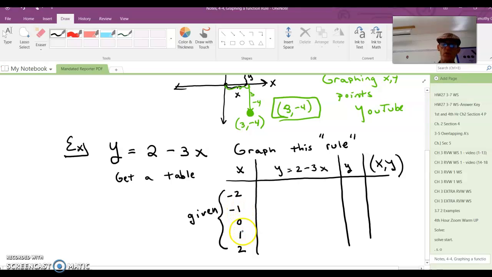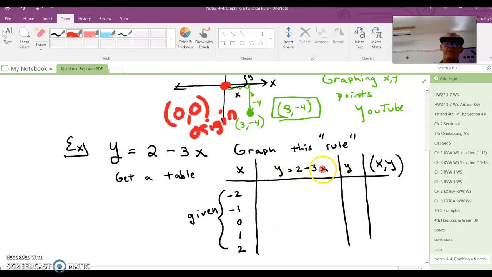So you get 1 and 2, and then you get -1 and -2, so you're close to the middle. And if you don't remember, the middle of the graph up here, that's your (0, 0). All right, that's the middle. The x is 0 and the y is 0. It's called the origin. So we're going to start off by substituting -2 in for x, and then -1 in for x, and then 0 in for x, and so on and so forth.